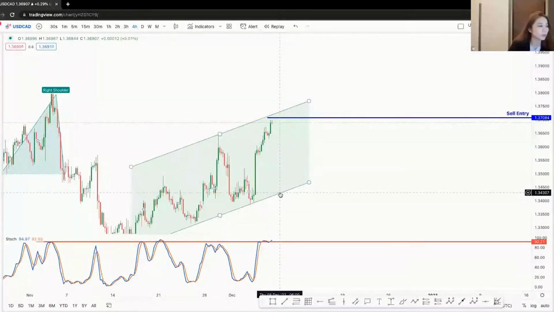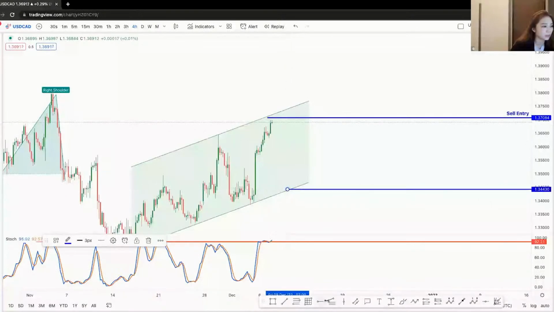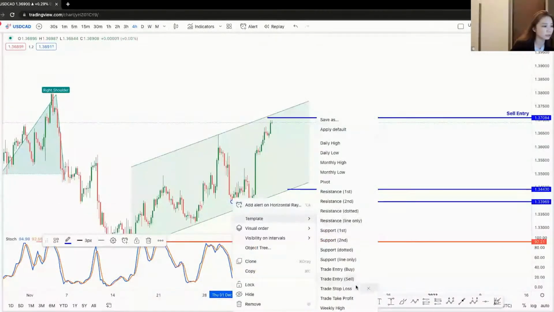I would still want to keep my take profit within the channel, so I would put it slightly above and on the dot of the support, the resistance of the channel, and my stop loss just right below the support as well.